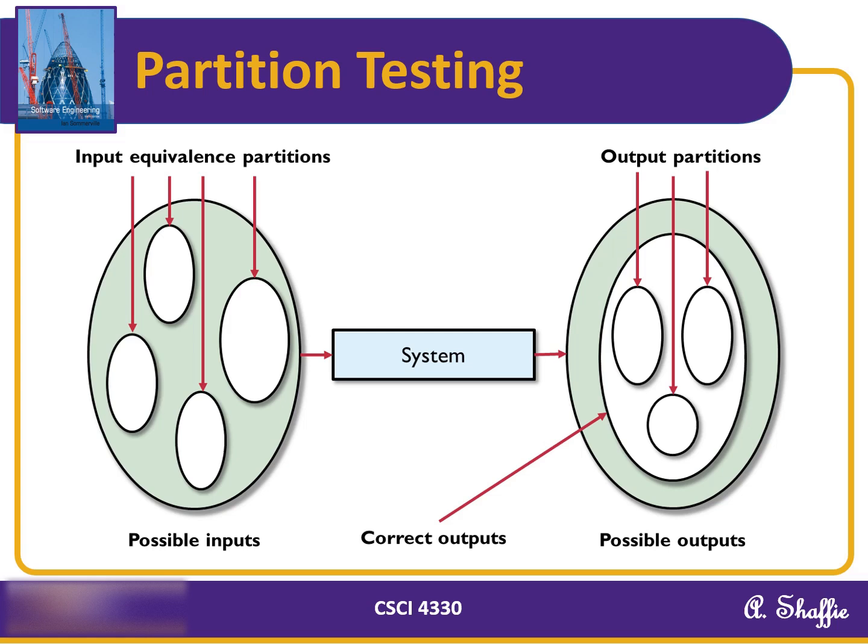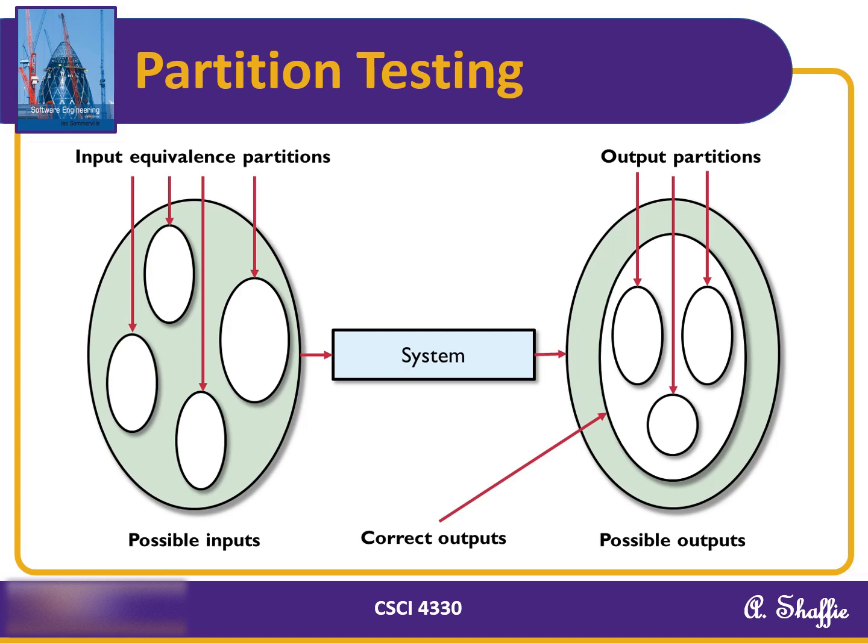The system processes these inputs and produces outputs, as shown in the right side of the figure. Here we have output partitions, which represent groups of possible outputs. Each output partition corresponds to certain input partitions. And the goal is to ensure that the system correctly maps inputs to their expected outputs.